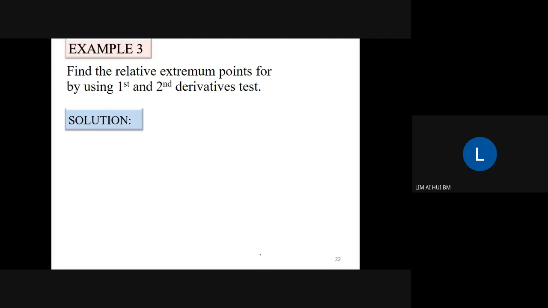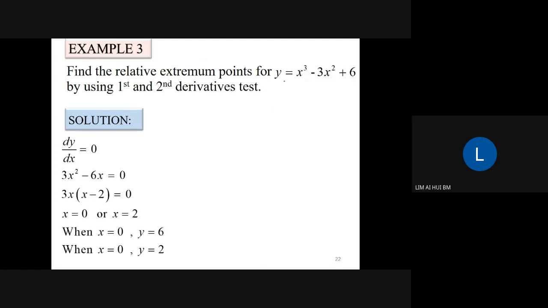Okay, so now we have a question. Find the relative extremum points for the function. This function is the same as example 1, by using the first and the second derivative test. So what is the step to determine whether this is a maximum or minimum?